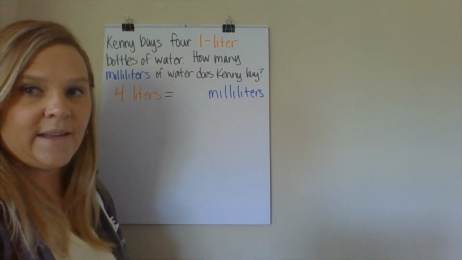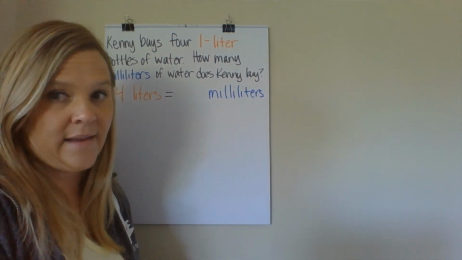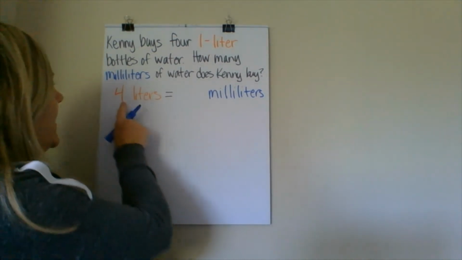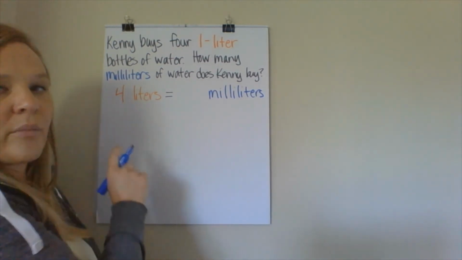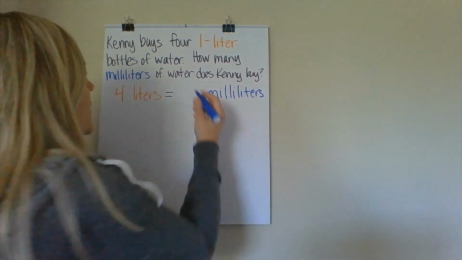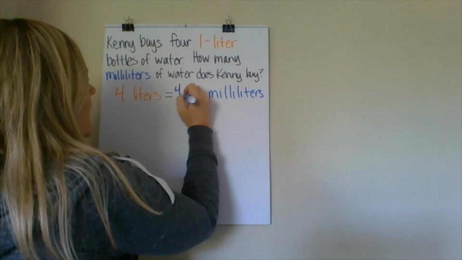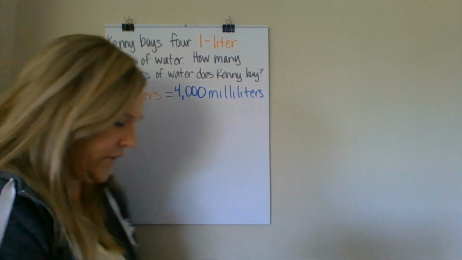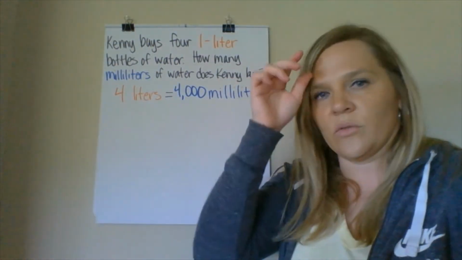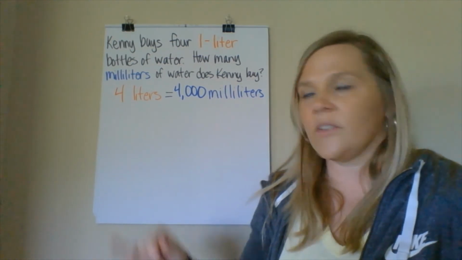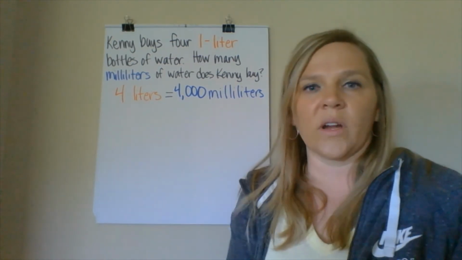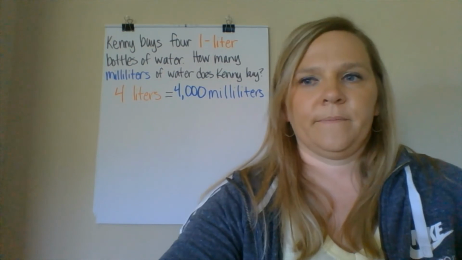Remember, we multiply, and we multiply by 1,000. So we're going to take our number 4, and we're going to multiply it by 1,000, which would give us 4,000.